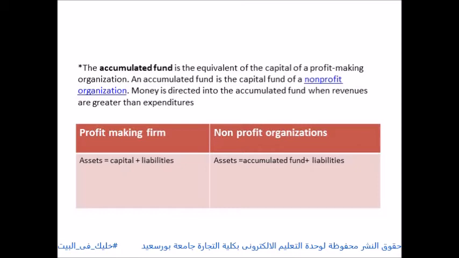So, in the profit-making firm, the accounting equation will be as follows: assets equal capital plus liabilities, while in non-profit organizations, the accounting equation will be assets equal accumulated fund, which is the equivalent of the capital of a profit-making organization, plus liabilities.